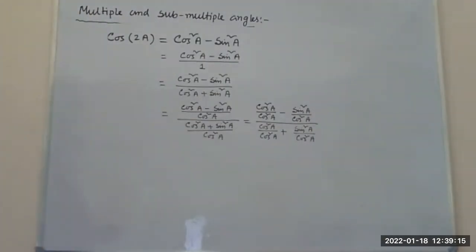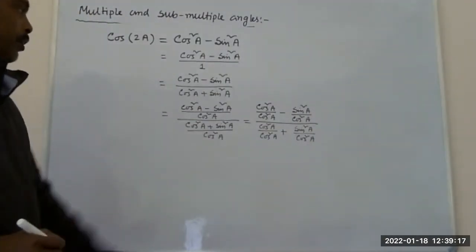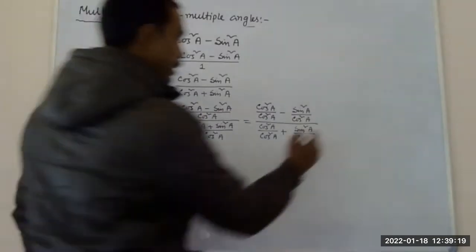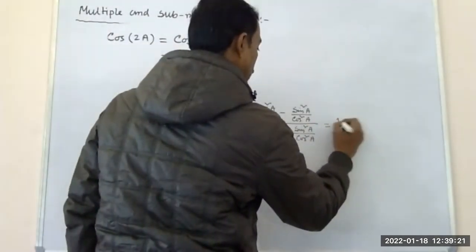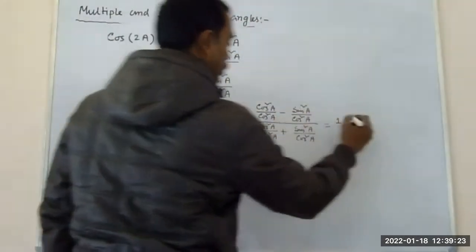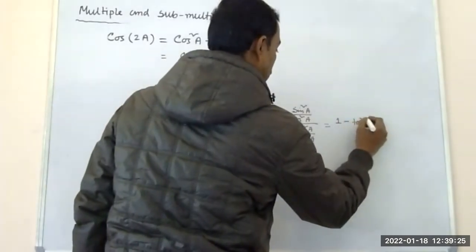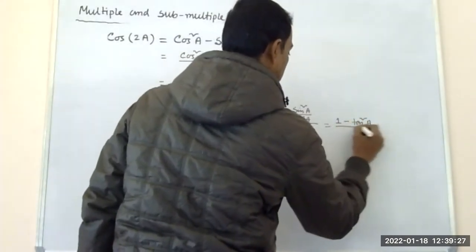Now for the numerator, cos square a by cos square a is 1, minus sin square a by cos square a means tan square a.